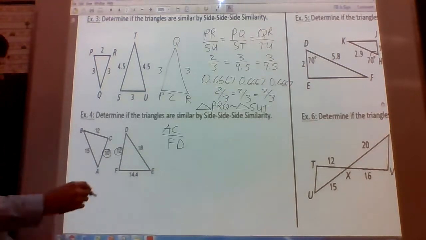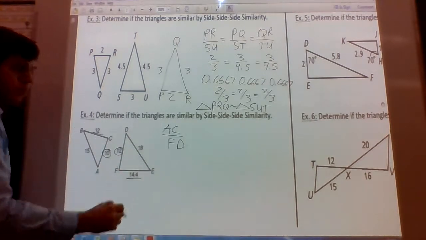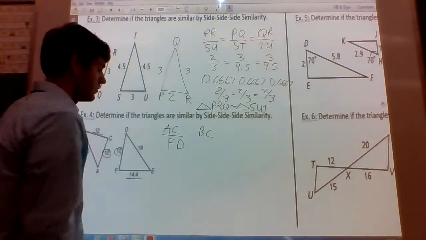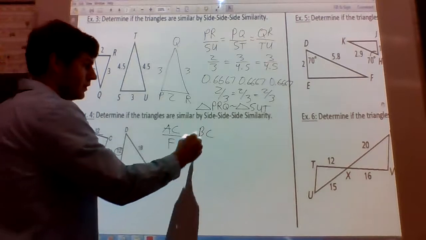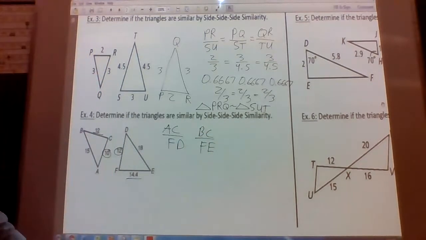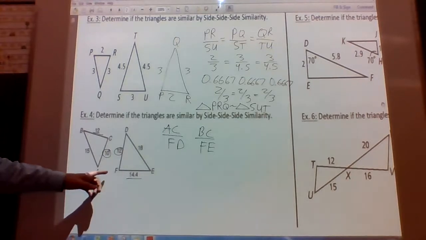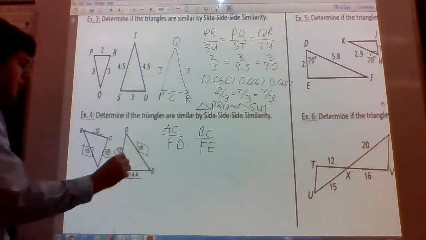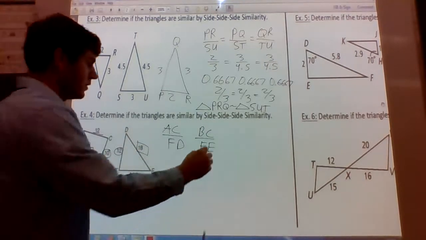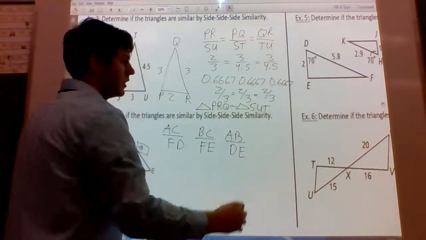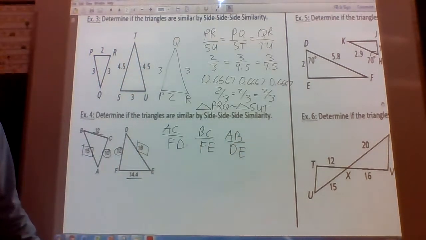The middle numbers here are then 12 and 14.4. So we know BC and FE are corresponding sides. And we know that AB and DE are corresponding sides. We're going to use the side similarity postulate.